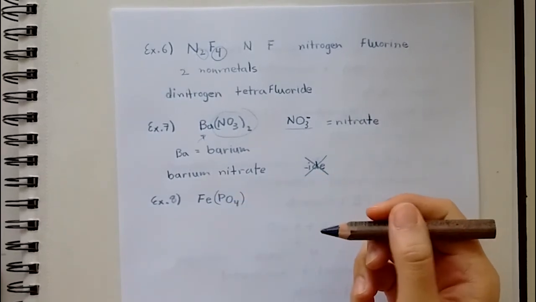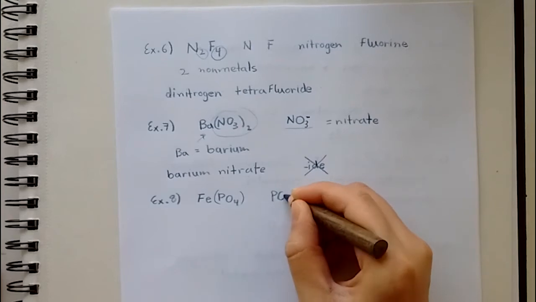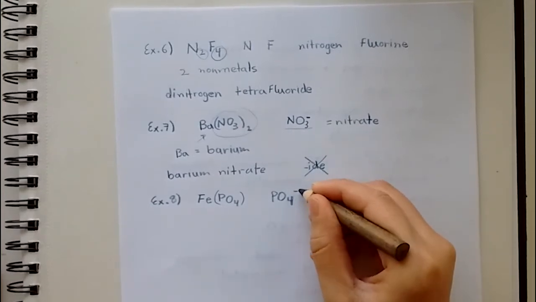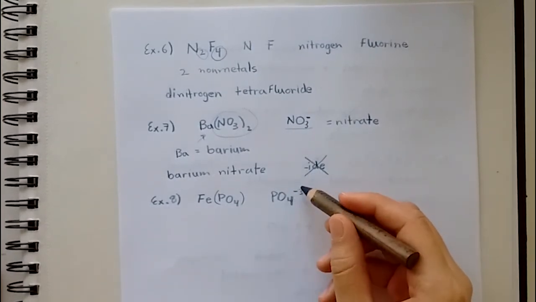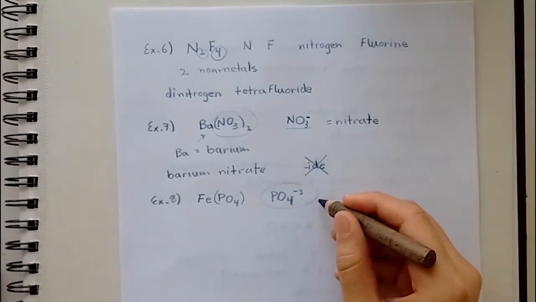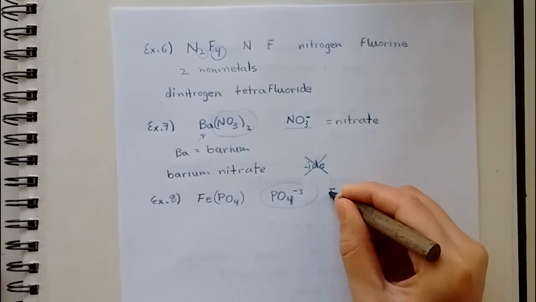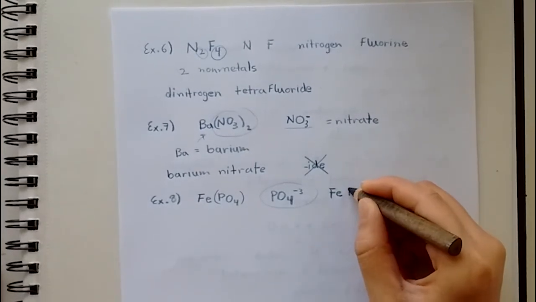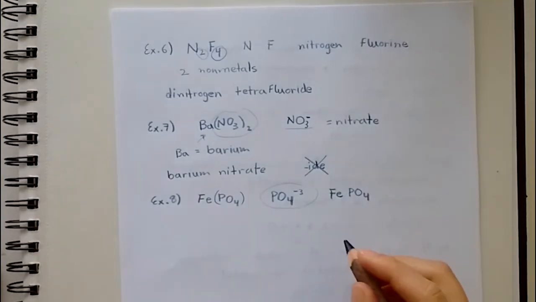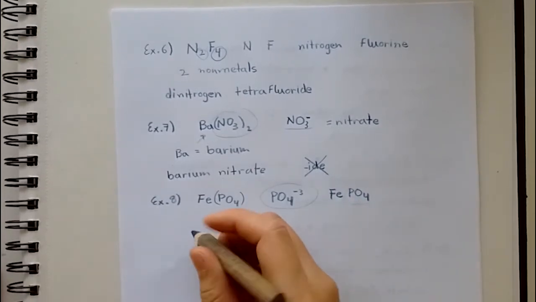It might not be written in parentheses, so you'll have to know that PO4, with a -3 charge alone, is a polyatomic ion, right? Because they don't have to tell you. They can just put that here, and you'll have to know that this part is the polyatomic ion.